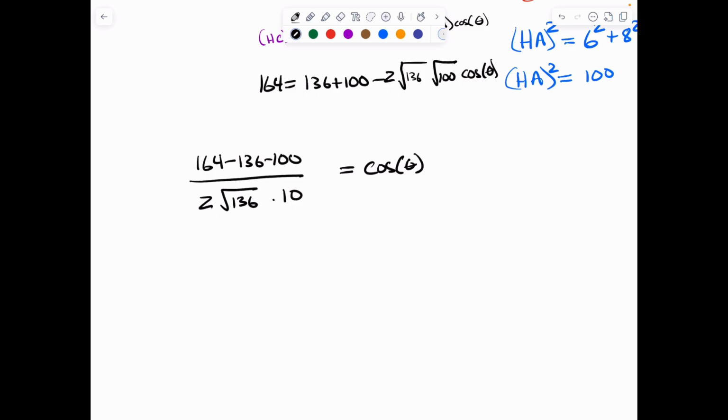I'm scared I'm going to get this wrong, so I'm just going to type it into my calculator on my computer. 164 minus 236. And I got negative 72. This should be a negative down here as well because of the negative 2 up top. Okay, so negative 72. Do I want to simplify it further?